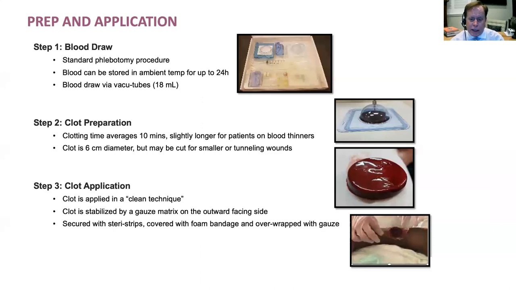This is usually done in this little dome that you see with calcium gluconate and kaolin, and it creates this very malleable but very robust clot. You can actually cut it. It will ooze a little bit, but you can cut it. You can shape it to size, or you can just put it on as a full clot. And basically, you stabilize it with steri strips and then a dry sterile dressing.